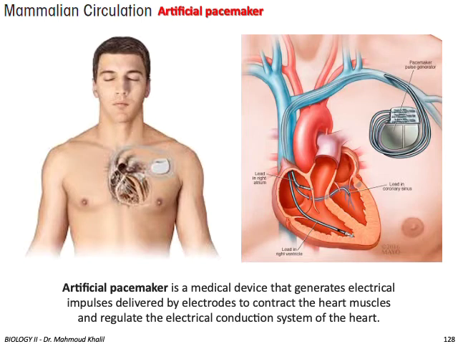You can see how the patient has this pacemaker installed above the heart and connected by electrodes to the heart to promote the heart contraction. Because the natural pacemaker is not functioning, he needs to install an artificial pacemaker.